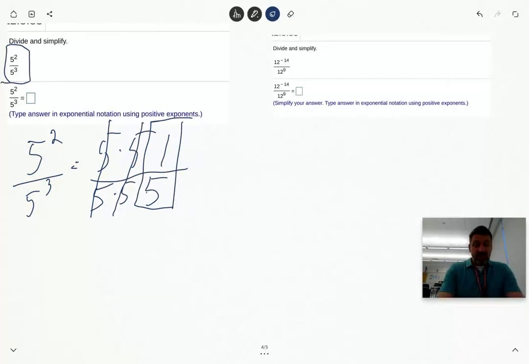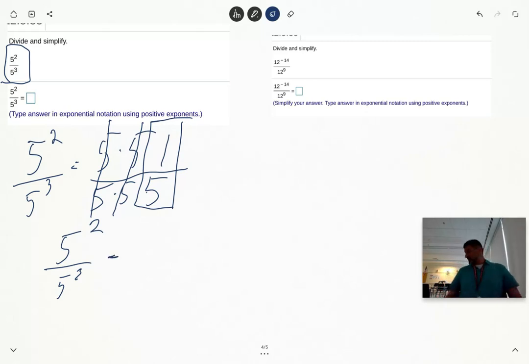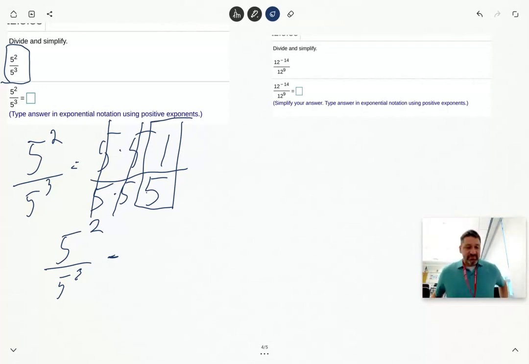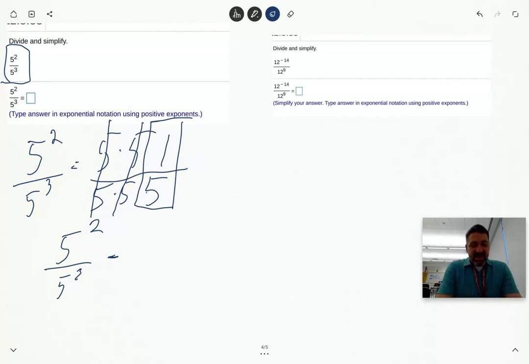Another way of thinking of that is 5 to the second over 5 to the third is the same as 5 to the 2 minus 3, which is negative 1.